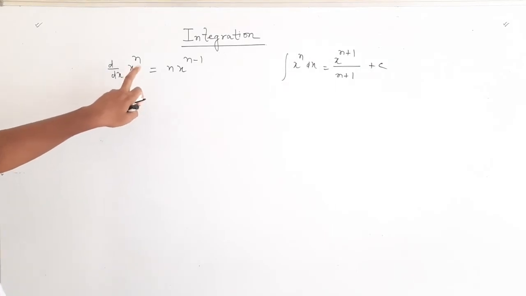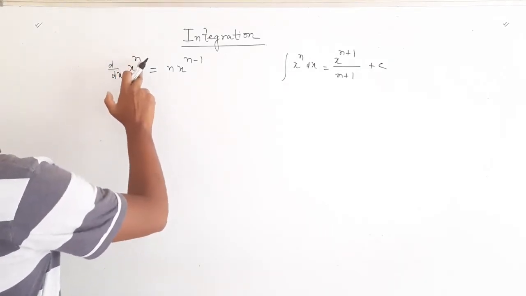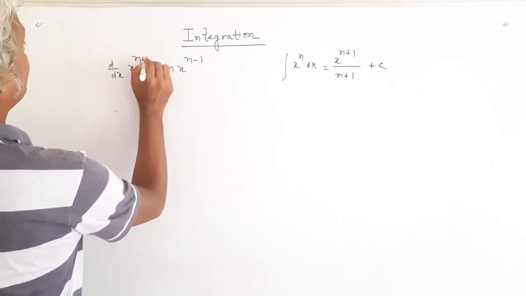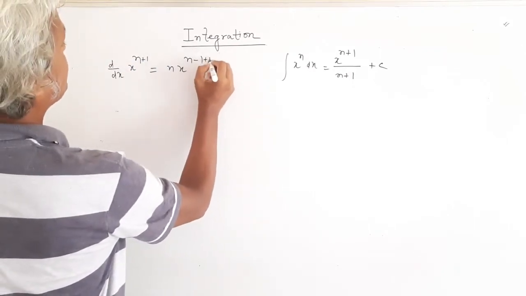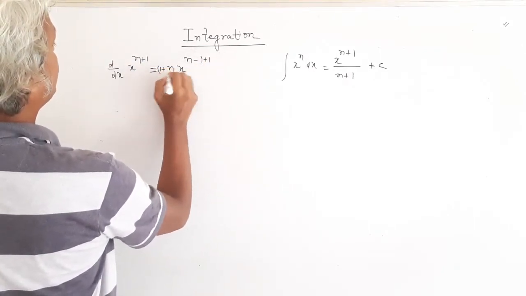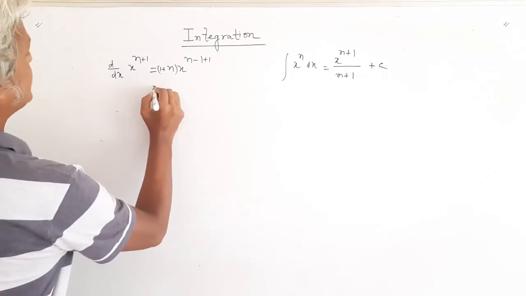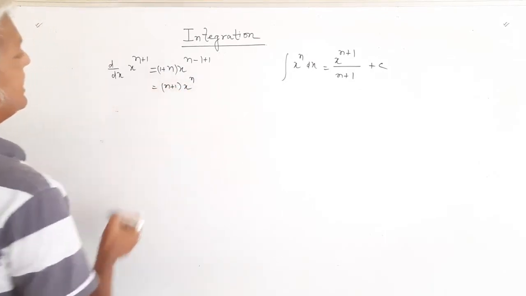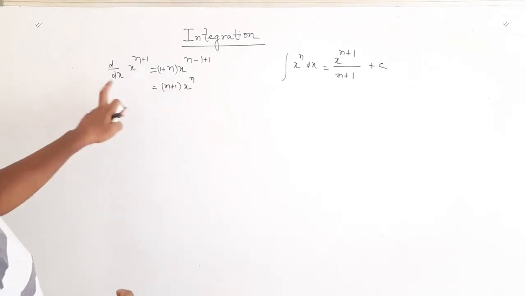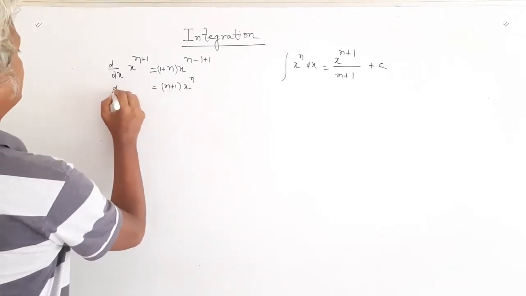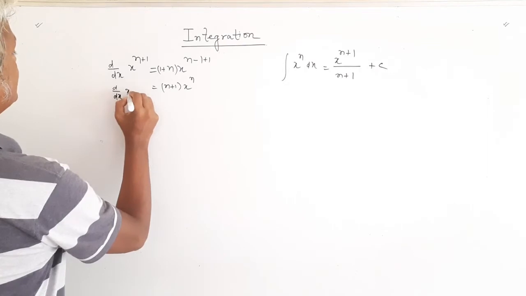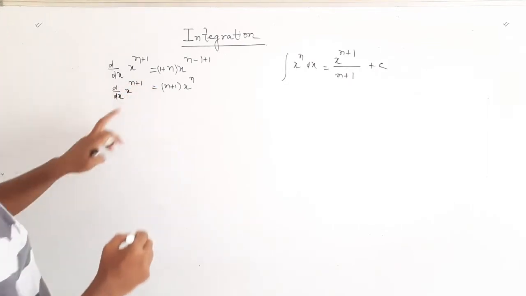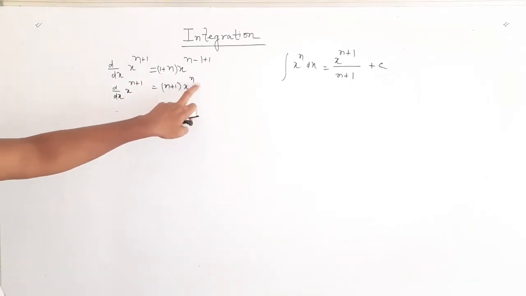Suppose I have n plus 1 and the plus 1 here. So this becomes n plus 1 times x to the power n. Now the differentiation of x to the power n plus 1 is n plus 1 times x to the power n.